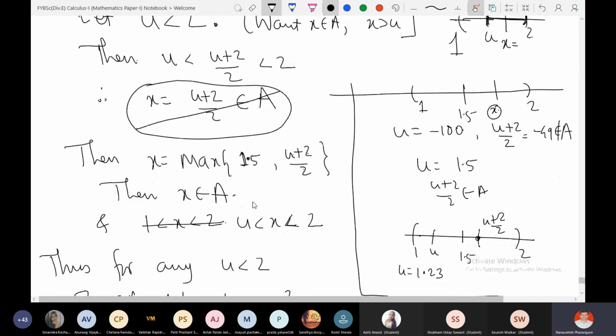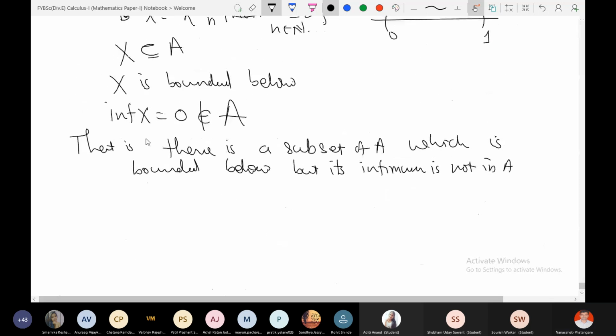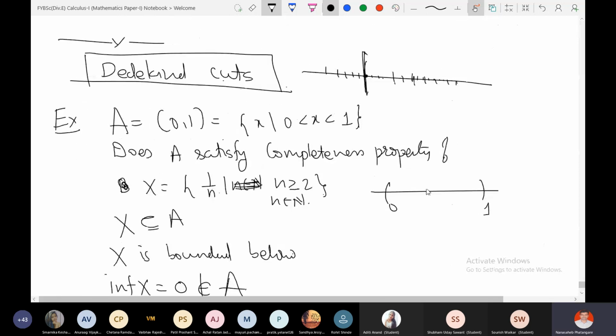And what is set X in this case now? The same set, except one element is missing. I am not including 1 because I am considering an open interval, so that is not an issue. But still the infimum of this set is 0. The infimum of X is 0. Do you agree? Yes.